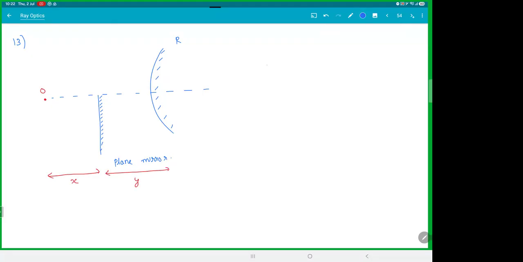When you look at this, you observe there's only one image. Normally, if there are two mirrors, you should see two images. But for some reason, you're looking at only one image. Find the condition if there's only one image. This is the kind of question you'll get in Mains.